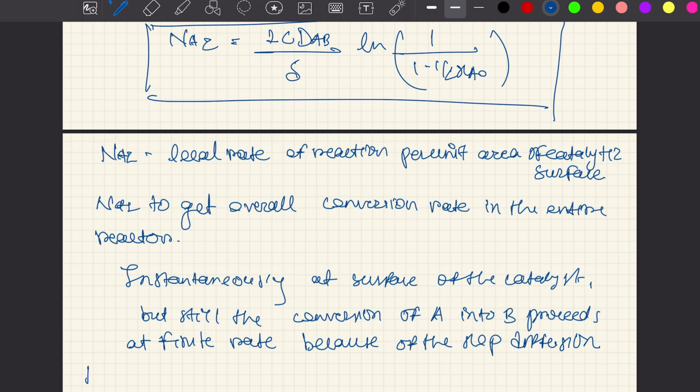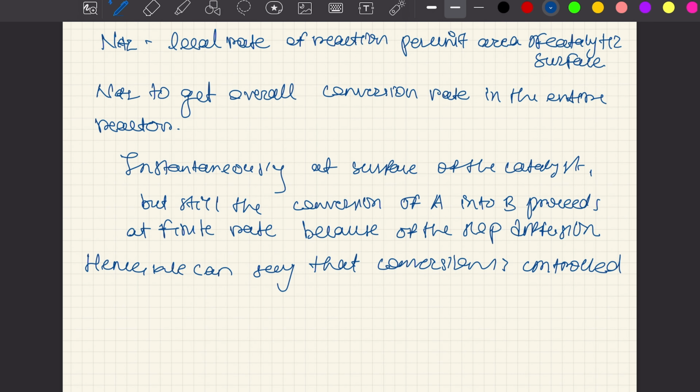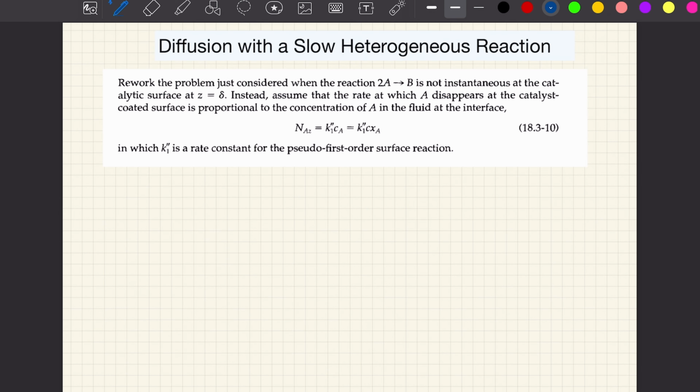Hence we can say that conversion is controlled by diffusion between A and B. Now let us see another question for diffusion with heterogeneous reaction.